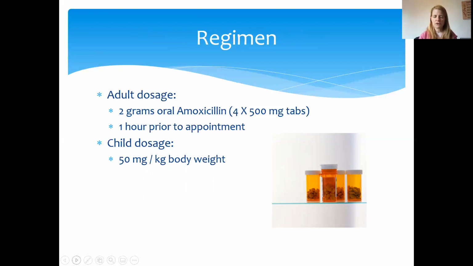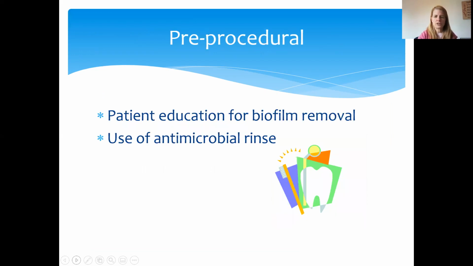And that's not enough coverage, because we're looking to get a super dose in there to be right on top of any bacteria that is introduced to the system, any bacteremia that's introduced to the system, to be able to control that and not have it go to the heart to cause the problems. So patient education for biofilm removal and having them do well with home care is very important.